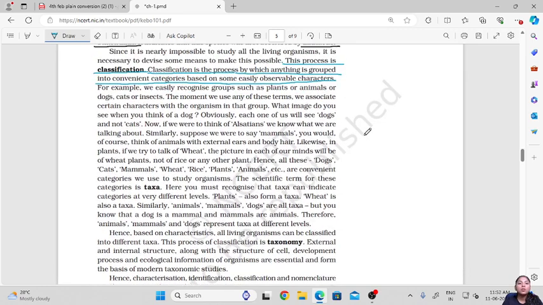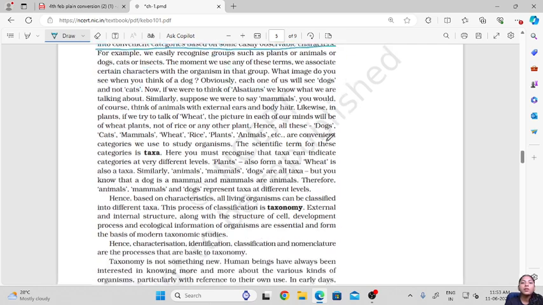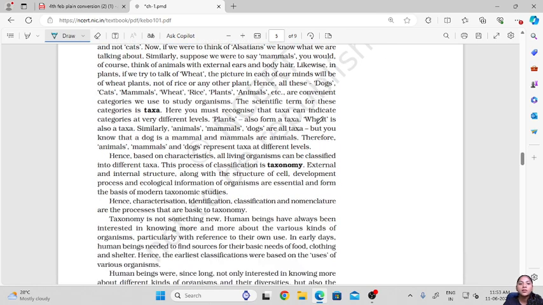When I say dogs or when I say mammals, you will picture only mammals in your head. You will not think about a plant. That is because we have already categorized all these animals into convenient categories, and the scientific term used for these categories is taxa.